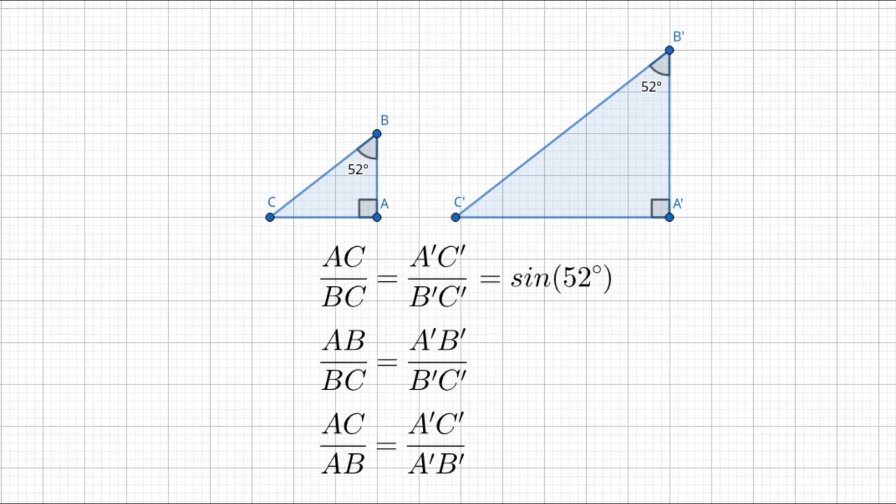Similarly, the ratio AB to BC in a right triangle with 52 degrees is equal to cosine of 52 degrees. Cosine is the side adjacent to the angle over the hypotenuse, so adjacent over hypotenuse. And lastly, the ratio between AC and AB we call tangent of 52 degrees, tangent being opposite to the angle over adjacent to the angle.